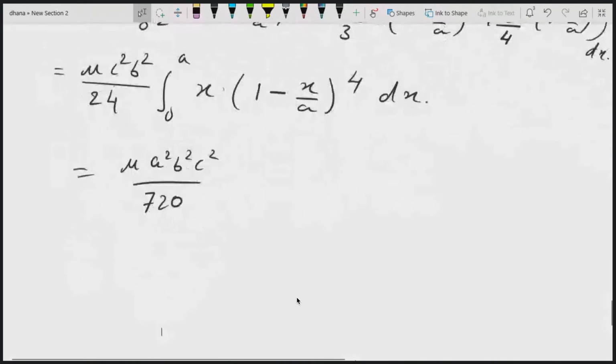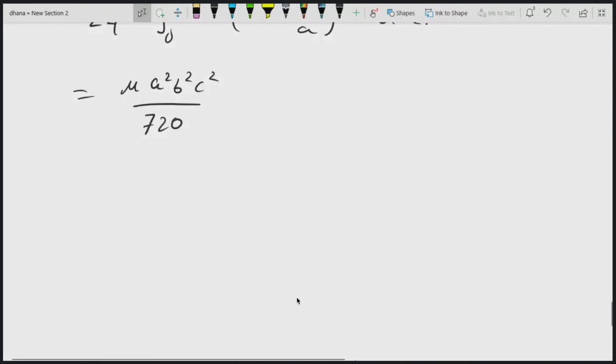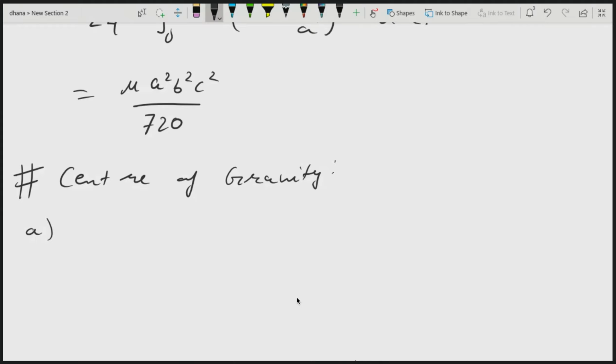So that's how you calculate the mass. Now let us see again the center of gravity. So again, center of gravity of a lamina we will calculate, and center of gravity of a solid also. So to find the center of gravity in short form, I'll write, with 2 points, that is x bar, y bar of a plane lamina.